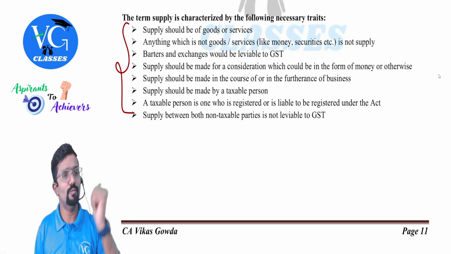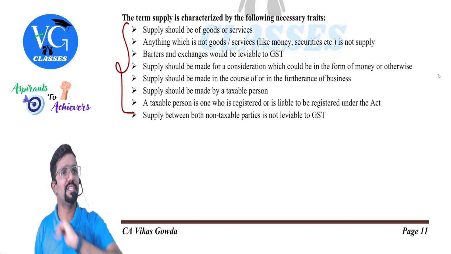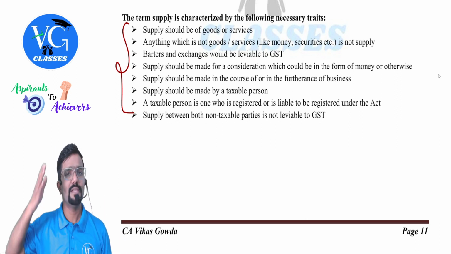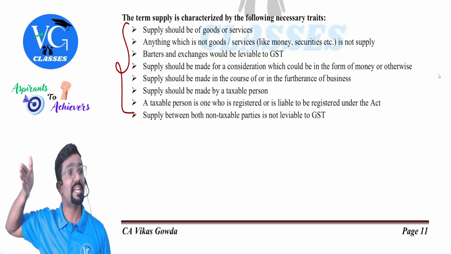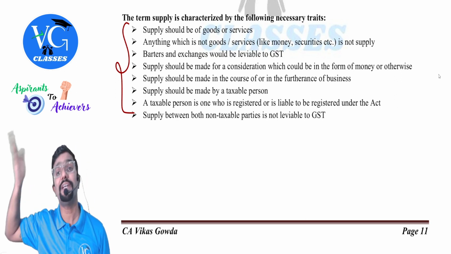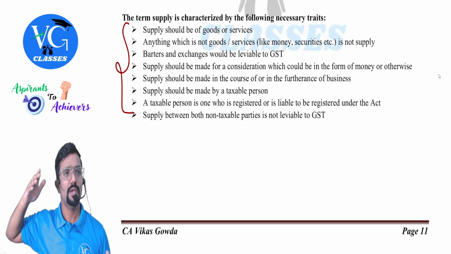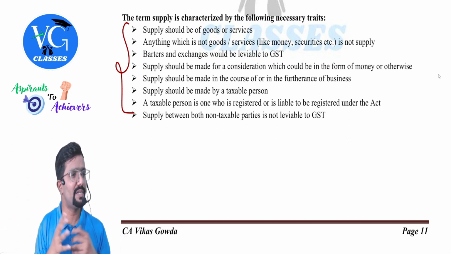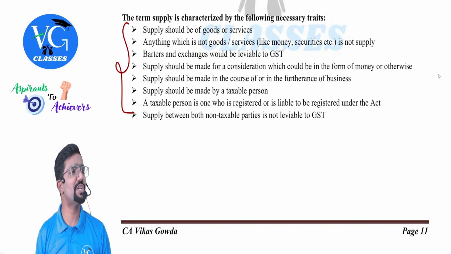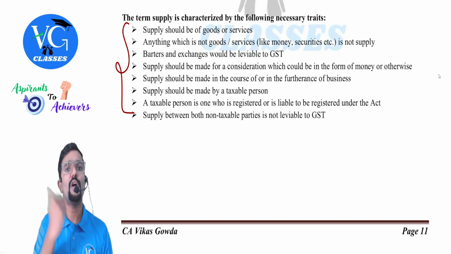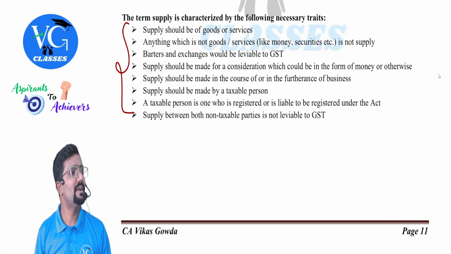Okay. Now you were supposed to take registration. There are sections 22, 23, 24, which talk about who should take registration under GST or who should not take registration under GST. When we cover that, you will understand who should take registration. As of now, let us assume you were supposed to take registration under GST, but you have not taken it.